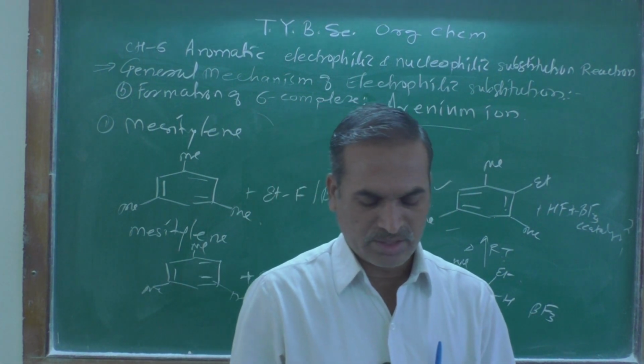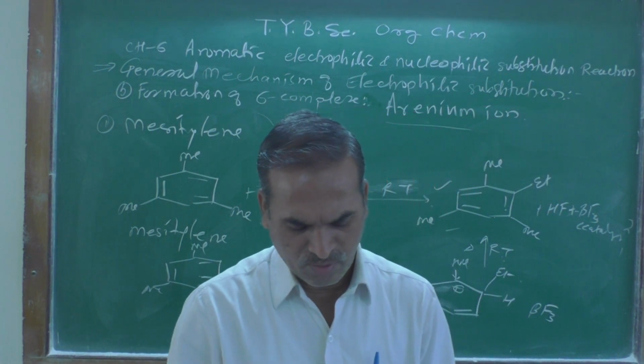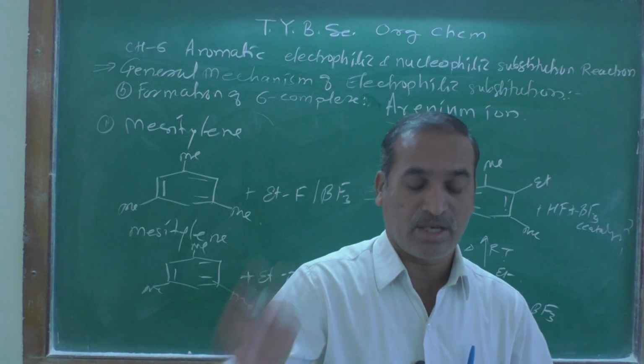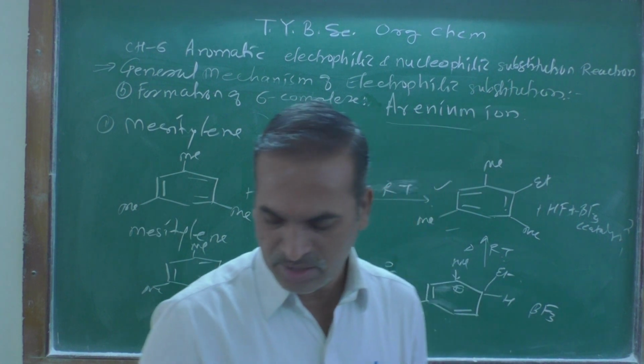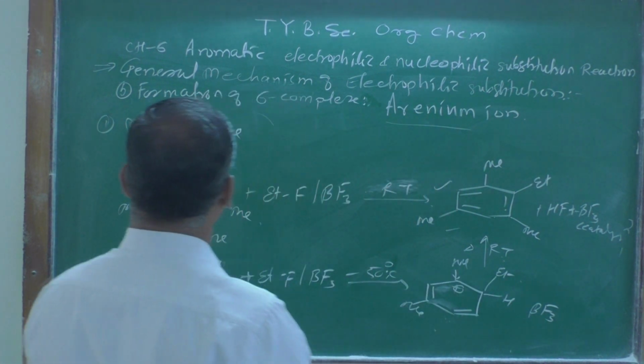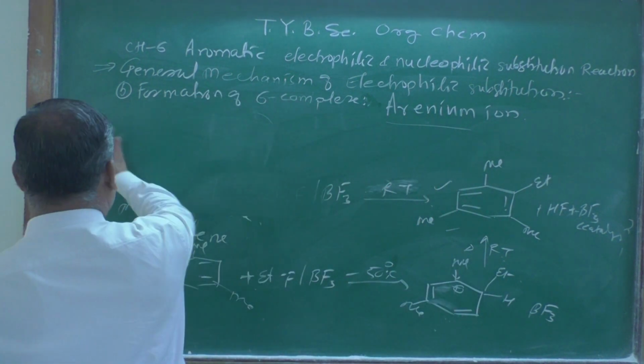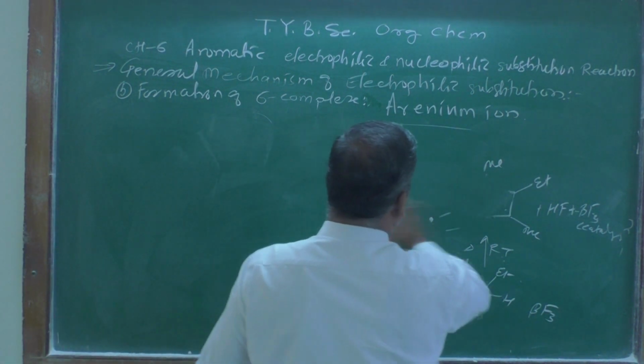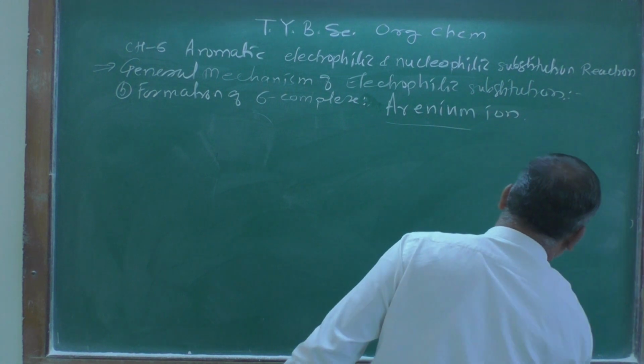Another one: the sigma complex in the following reaction has been detected by NMR spectra. This compound is again detected, as a second proof or evidence for the existence of the arenium ion. What is that?